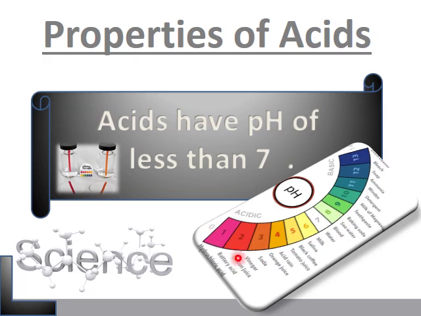This number tells us whether the solution is acidic or basic. If the solution's pH is less than 7, the solution is called acid. If the pH is from 8 to 14, the solution is basic. Less than 7 means 0 to 6.